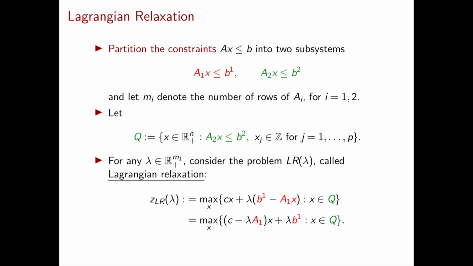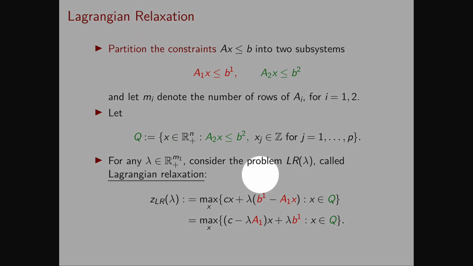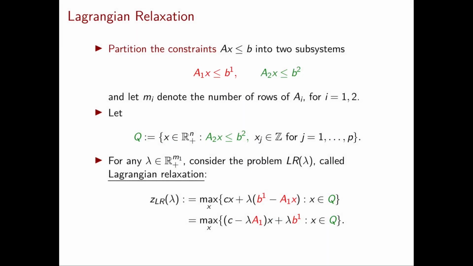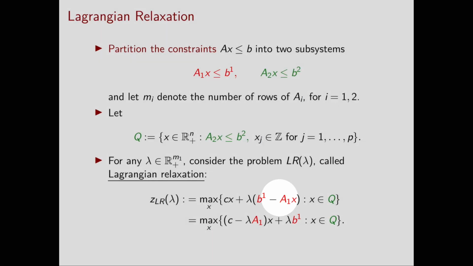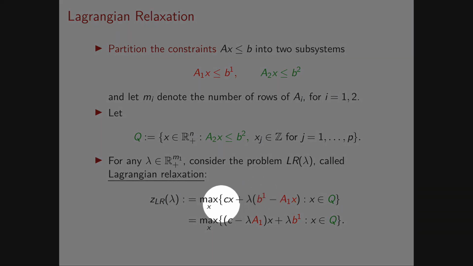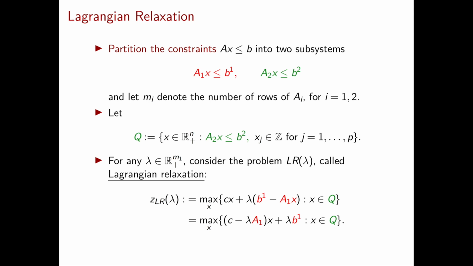So this is our definition, and I just want to give you a little bit of the intuition behind this. The idea is that if you do not satisfy the red constraints, then this quantity is negative, and since lambda is non-negative, this whole part of the objective is negative, and so it drives down our objective function, making it far from optimal, since we're maximizing.